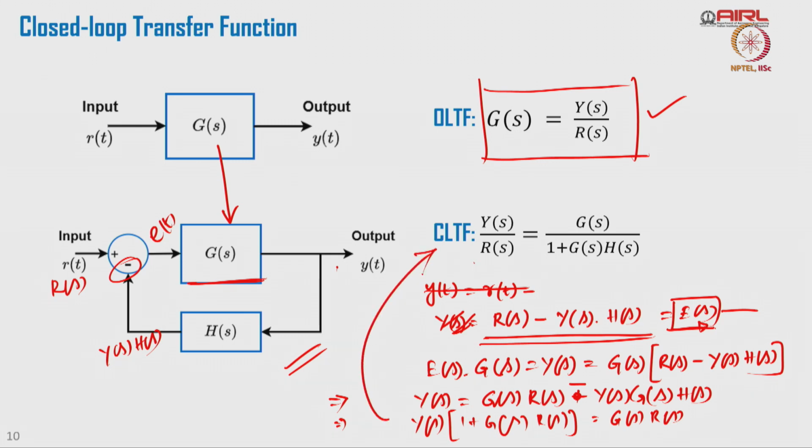From here, Y(s) by R(s) will be equal to G(s) by 1 plus G(s)H(s). So, if the open loop transfer function is G(s) itself, when we close the loop by feedback path, we get the final closed loop transfer function of this particular shape. Okay. Fine.